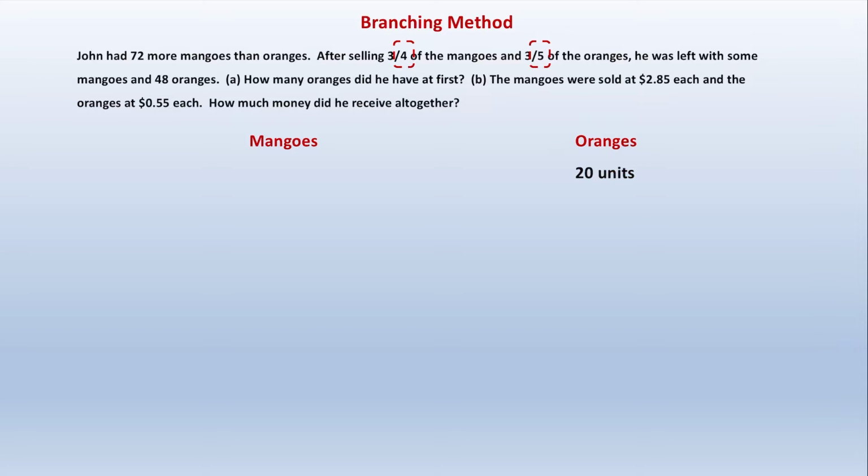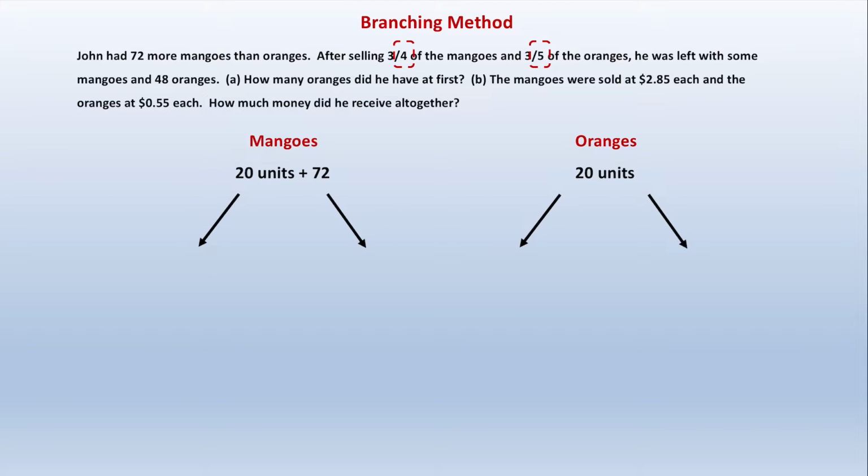So John had 72 more mangoes than oranges. We will use the multiple of the two denominators, 4 and 5, 20 units as the starting units for the number of oranges, and the mangoes will be 20 units plus 72.